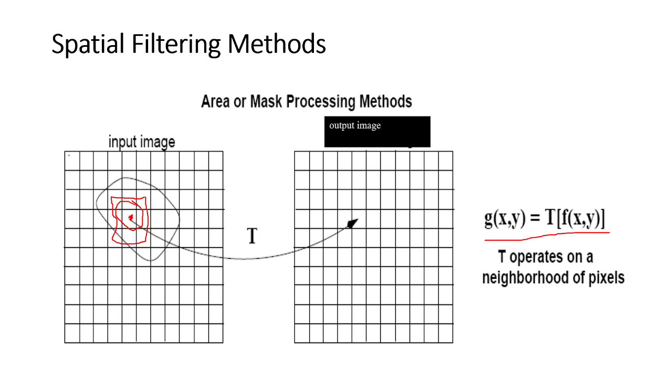Like this, for every pixel, the neighborhood values are considered, and then the new value g(x, y) is reassigned to the output image.